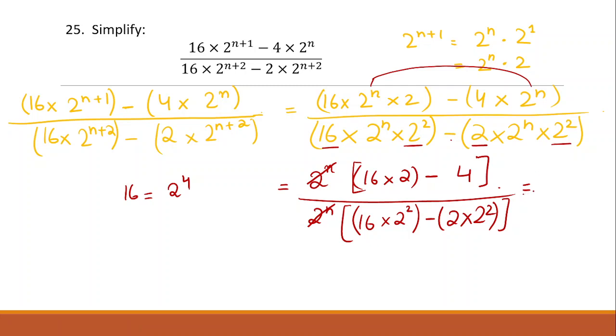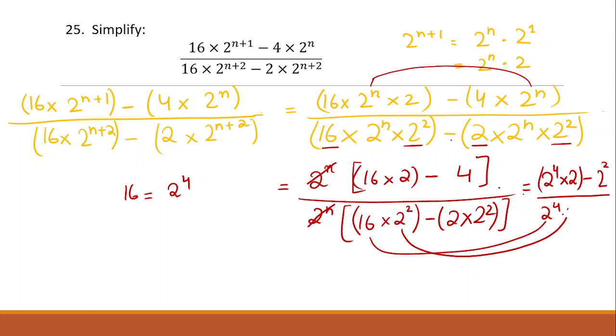So 2 to the power 4 multiplied by 2, then a negative sign, 4. 4 we can write as 2 to the power 2, right? Divided by 2 to the power 4 multiplied by 2 to the power 2, and then a negative sign, 2 multiplied by 2 to the power 2.